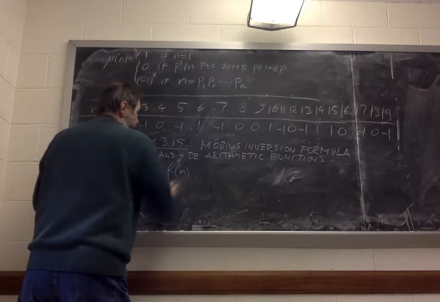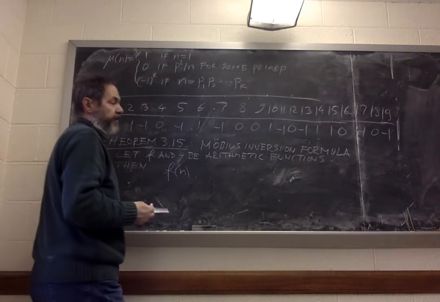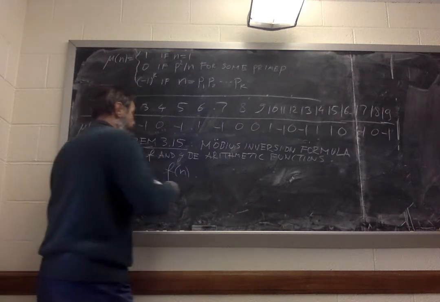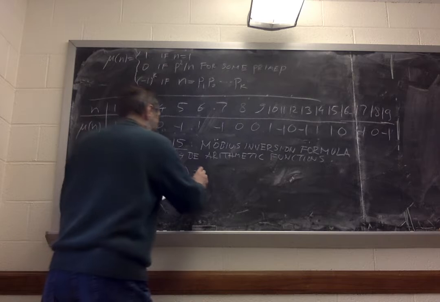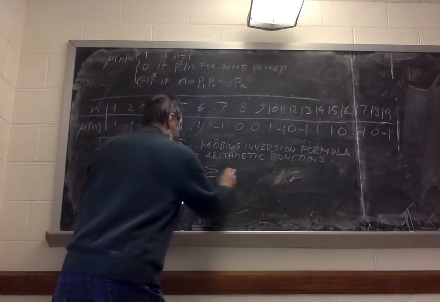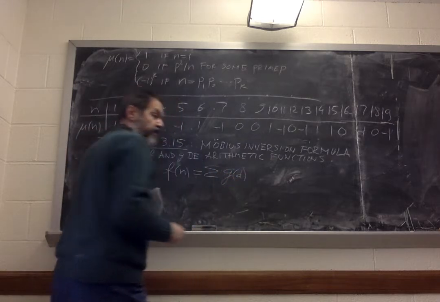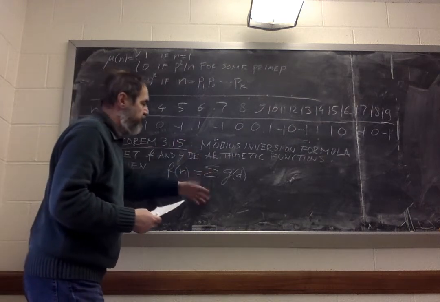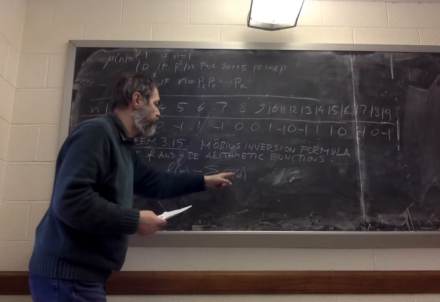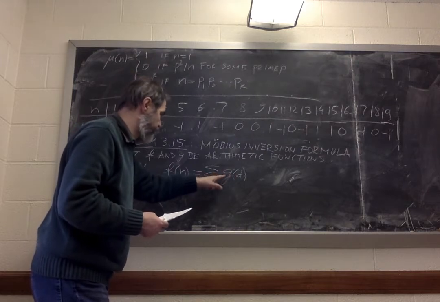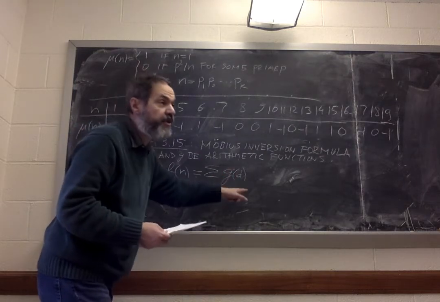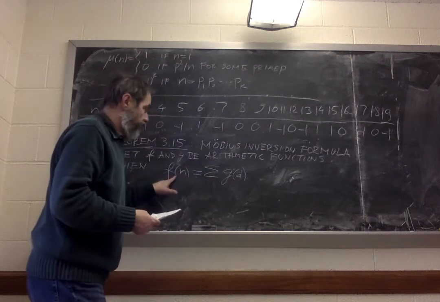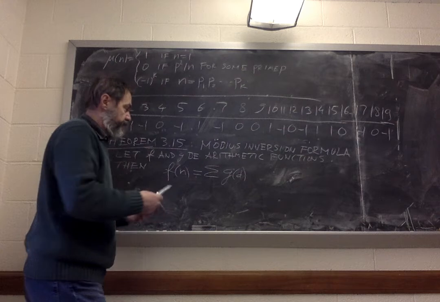if we can write f in terms of g in the following way, f of n is the sum over the values of g, this means the sum over the values of this second function g at the number d, that's a divisor of n, and I take the sum over all the divisors.